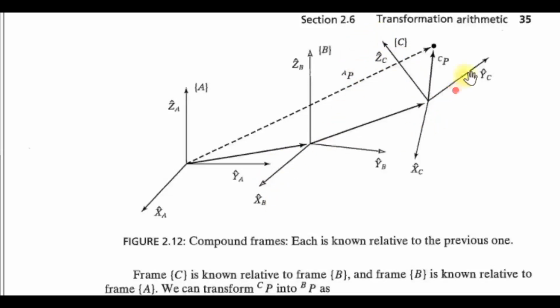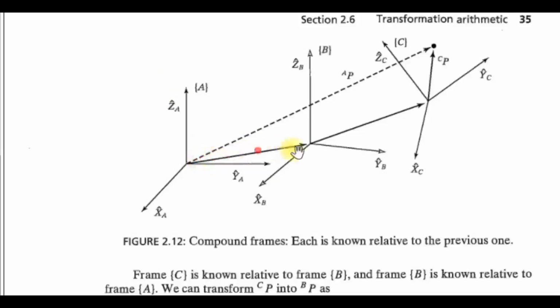Look at this, this is the transformation from one coordinate position to another coordinate position. So this is called the frame. So frame is also represented with the coordinates x, y and z. So the frame C is represented by the suffix C: ZC, YC and XC. Look at the A frame, B frame.